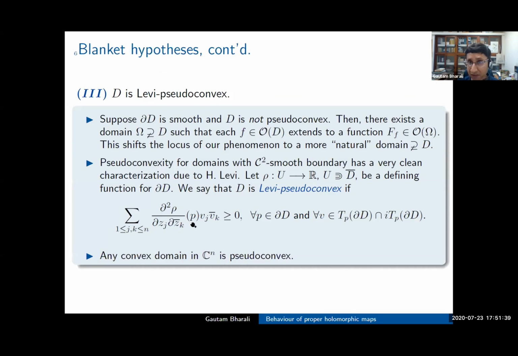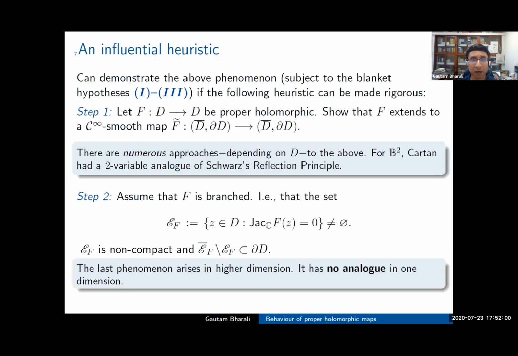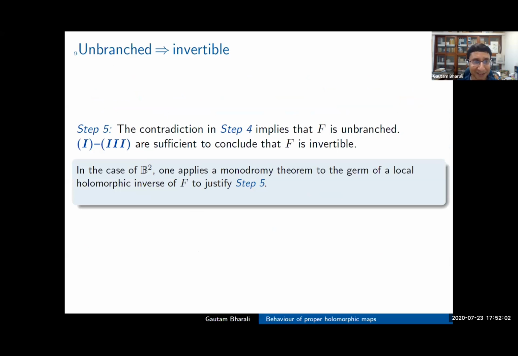Levi pseudoconvexity means the positive semi-definiteness of this form when restricted to this subspace of the ambient tangent space. So strict Levi pseudoconvexity means that the Levi form is not just positive semi-definite, but is strictly positive definite.